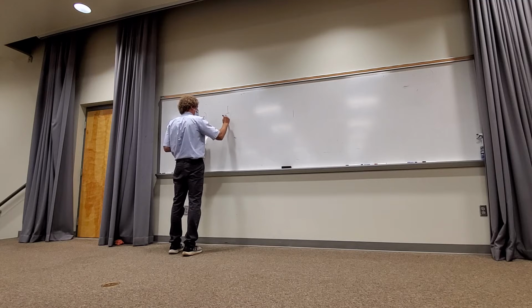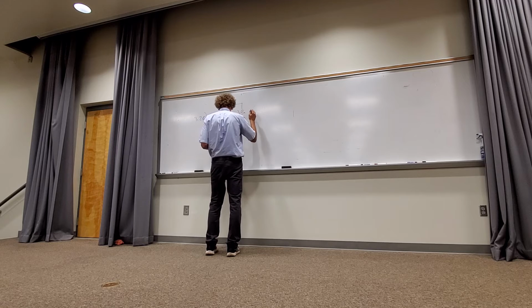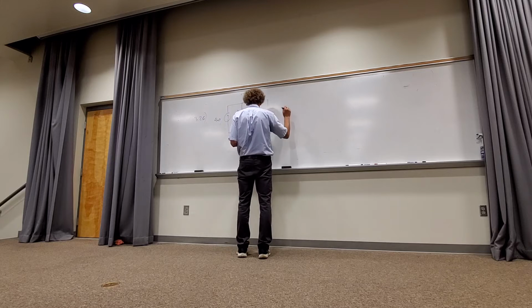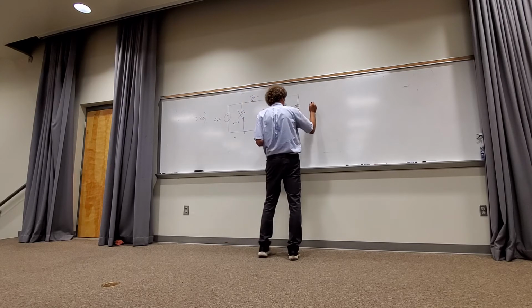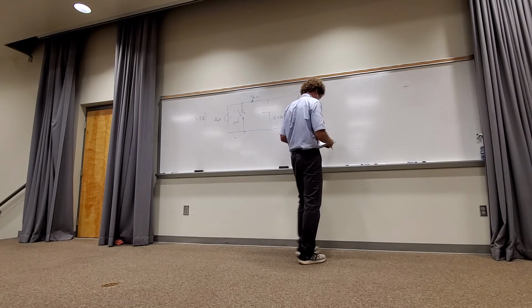So for this one, we have this scenario. They're looking for the current through that 6K resistor.